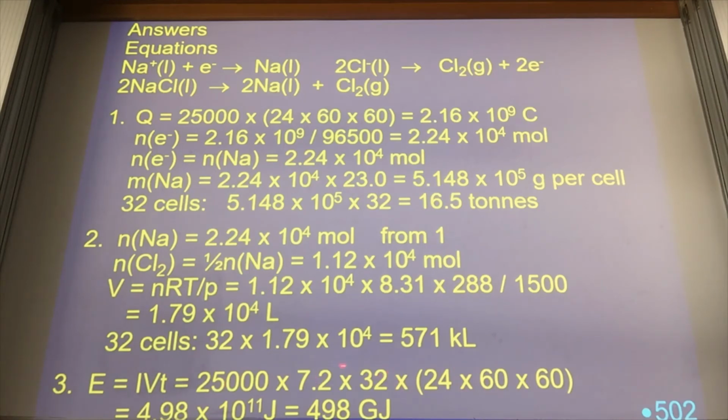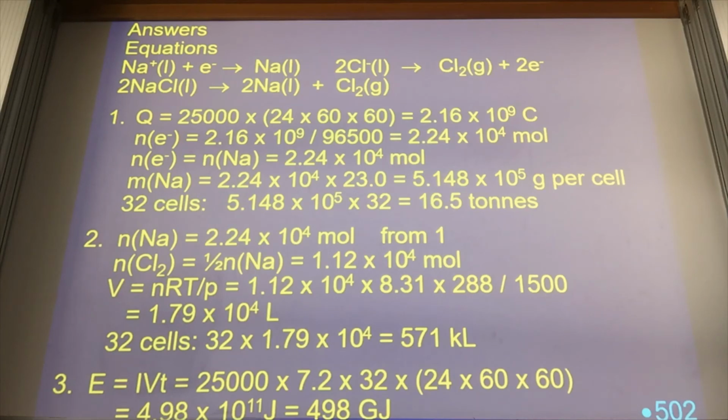Now, you're going to have 7.2 volts being used in each one of the 32 cells. So the total voltage across 32 cells is going to be 7.2 times 32. Remember to multiply it by the number of seconds in your 24 hours and you will calculate an enormous amount of energy that is consumed by this cell.